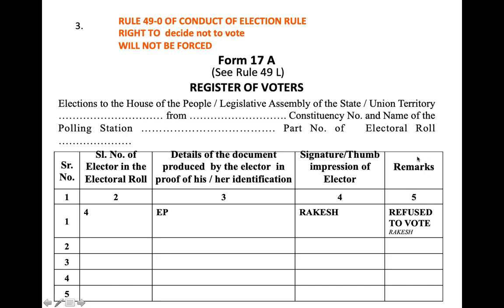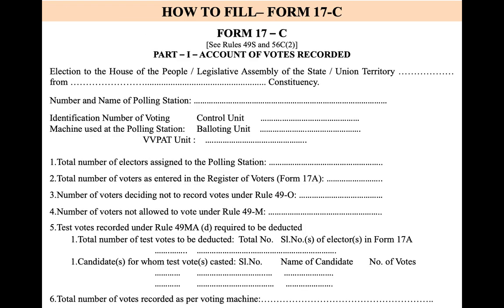He will enter "refuse to vote" in the remark column, and you will get his signature in the remark column. You will get his signature in the fourth column as well, and also in the remark column after entering "refuse to vote". So this is about the third point, the number of voters deciding not to record a vote.